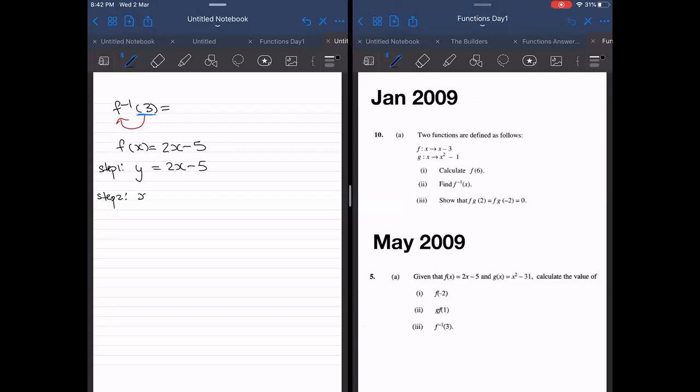Step 2, we interchange them. Step 3, you solve for the new y.